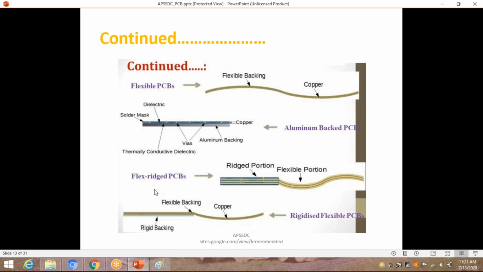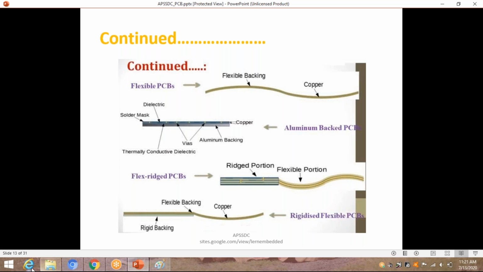Rigid flexible PCBs. As I have already told you, think this is a motherboard and this is the connection to the keyboard. This is a flexible PCB and this is a rigid PCB. Rigid PCB is a permanent PCB which is not meant to bend.